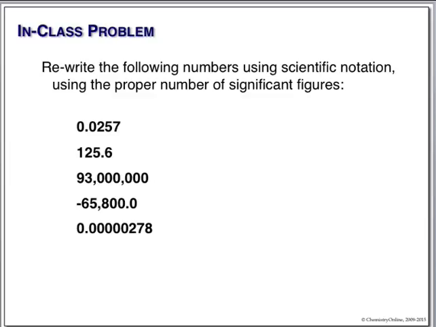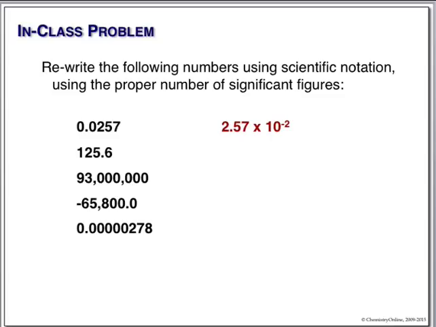Our first number here, first we want to go to scientific notation. So we're going to put our decimal here. It's going to be a 10 to the minus 2. We have leading zeros. We know that those go away. So therefore we have 3 significant figures. And we would write it this way.